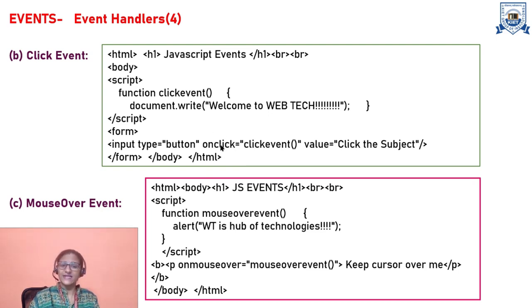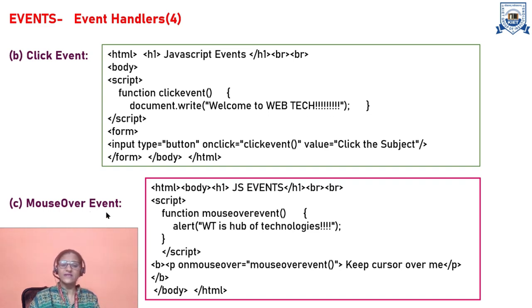As soon as you click, the click event function gets executed. The control moves to the click event and it displays this message. This is the proof that we have done this event, the click event, and this message will be displayed on your screen.